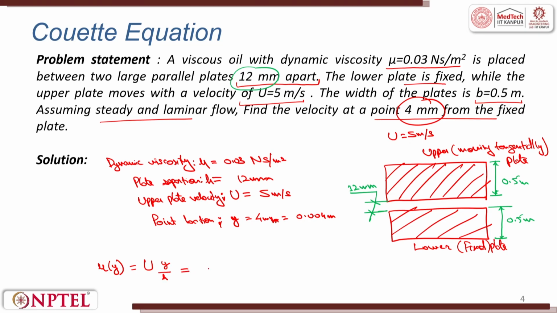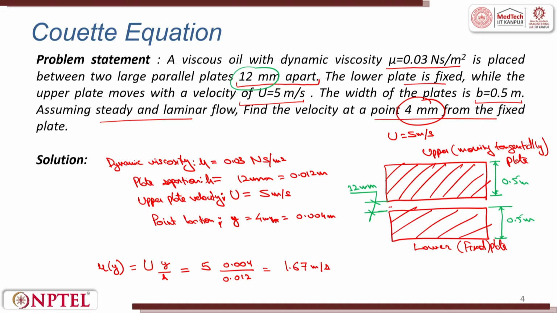Putting the values, velocity is 5, the value of small y is 0.004, the value of h is 12 millimeters, which is equal to 0.012 meters. So, I will put 0.012. This turns out to be 1.67 meters per second. That is at a point 4 mm.